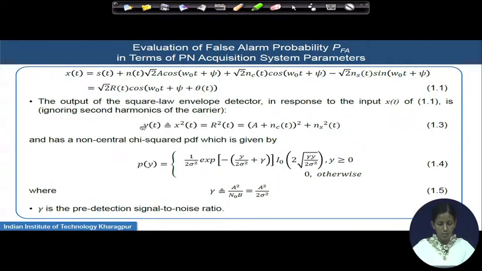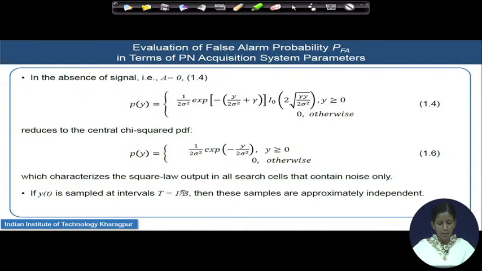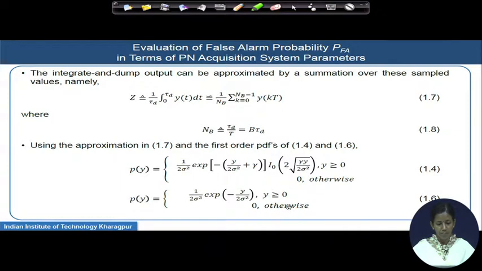So, this y(t) which is achieved at the output of the square law detector, if we now sample it at the rate of capital T, which is nothing but 1 by B, then as it is sampled following the Nyquist sampling rate, all the samples will be approximately independent of each other.